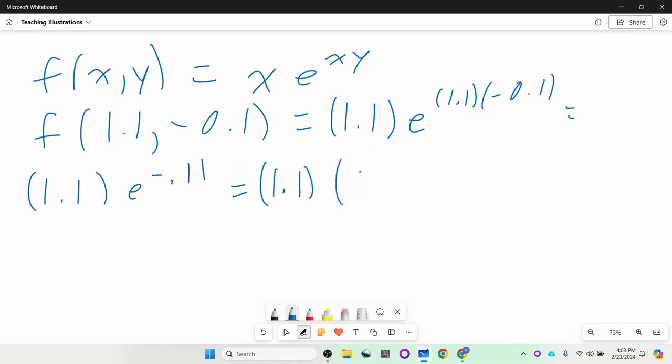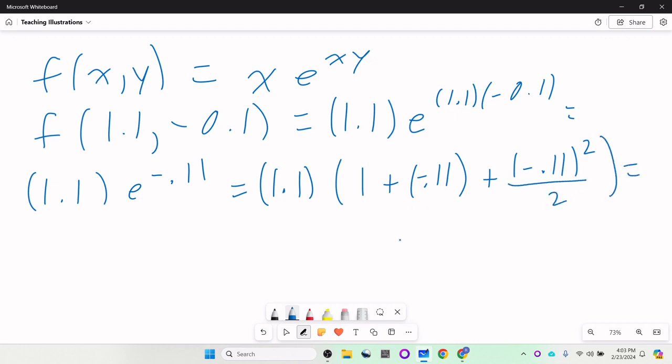So this is 1 plus negative 0.11 plus negative 0.11 squared over 2, which would give you 0.985655, which is a decent approximation.